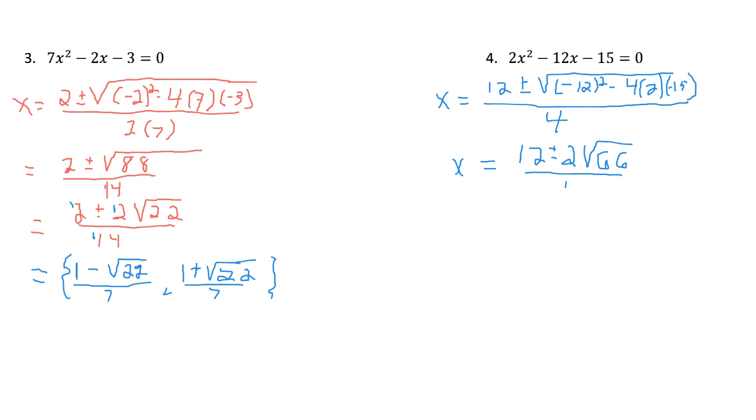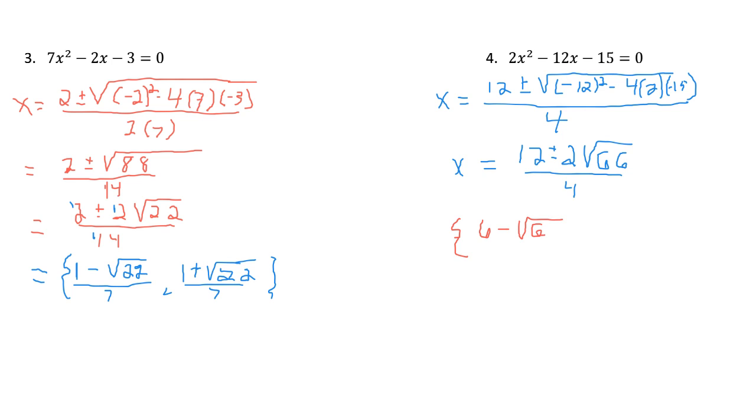All over 4. Now looking at my numbers 12, 4, and 2, I can reduce by a 2 there, all those numbers. You do not reduce that root 66. 12 divided by 2 is 6. Minus the 2 goes away because 2 divided by 2 is 1.